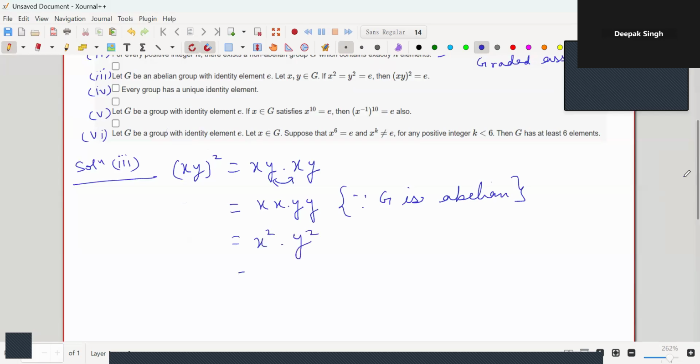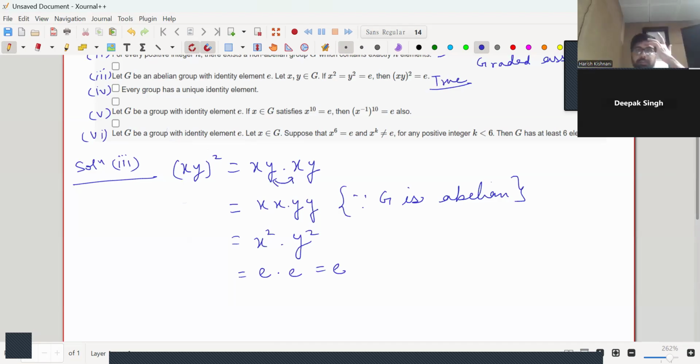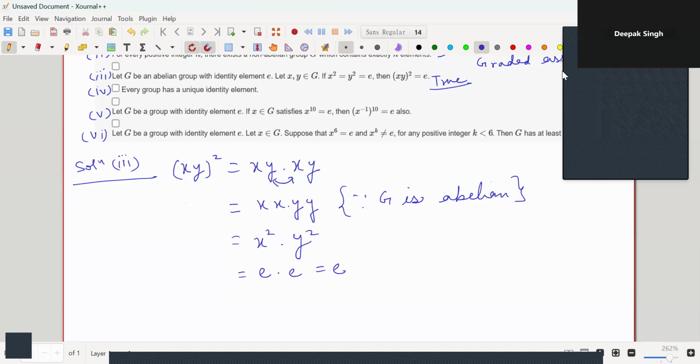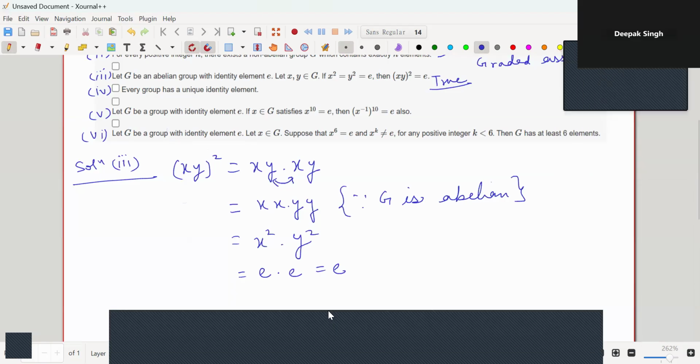It's already given that X square is identity and Y square is identity, so this will be identity again. Okay, so the third statement is true. Any doubt in that? Okay, I assume there is no doubt.